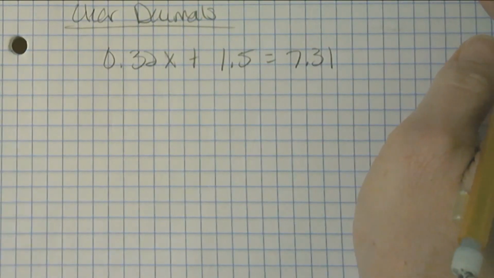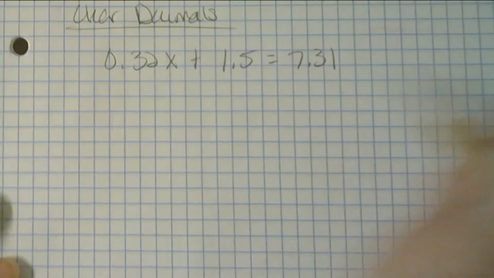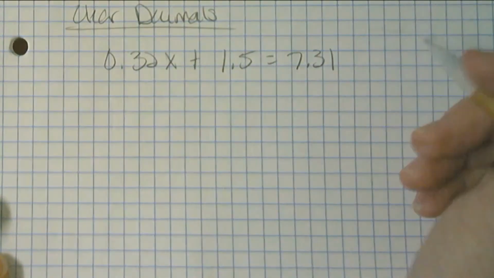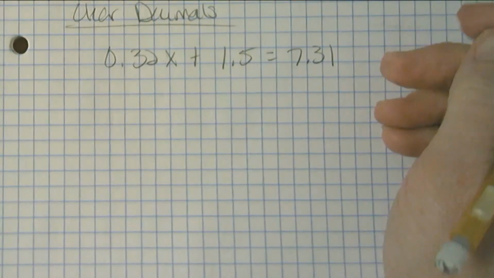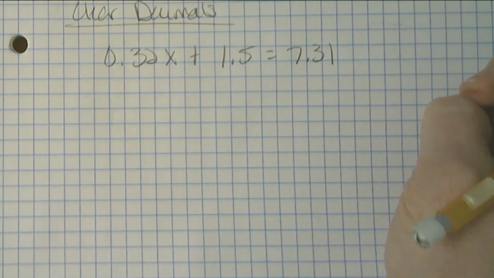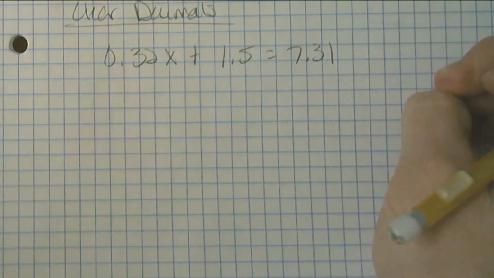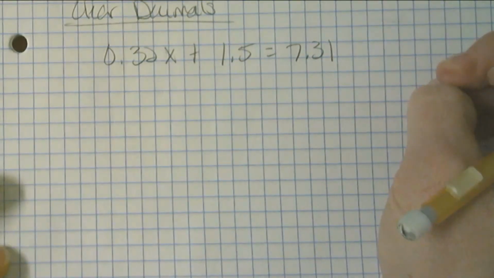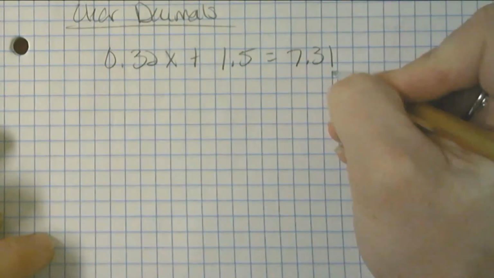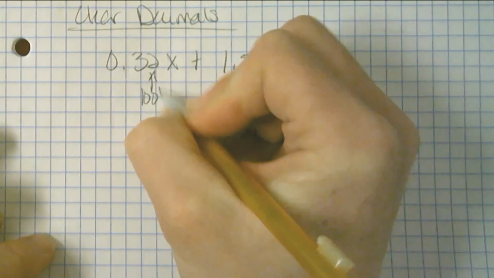I could just solve this the regular way, but to clear decimals, I need to multiply all of my terms by the smallest decimal place value that any of the decimals goes out to. What is the smallest place value any of these go out to? Amanda? Yeah, the hundredths, because that 1.5 is in the hundredths and that 0.32 is in the hundredths.